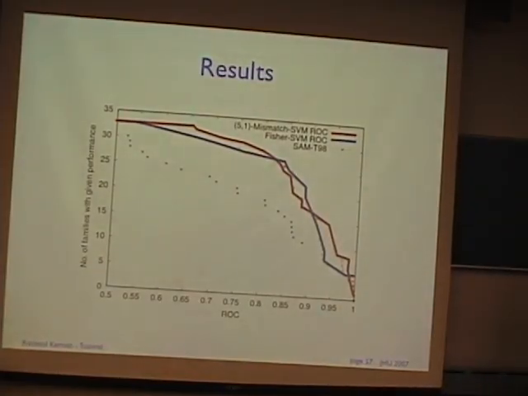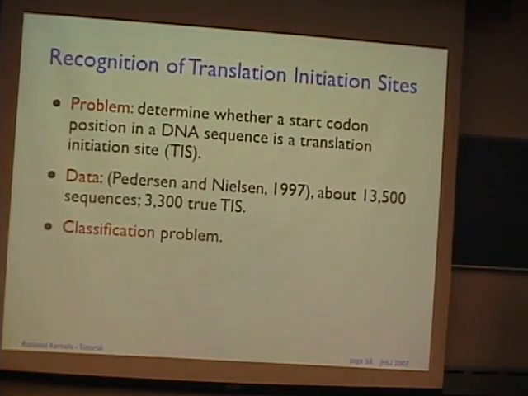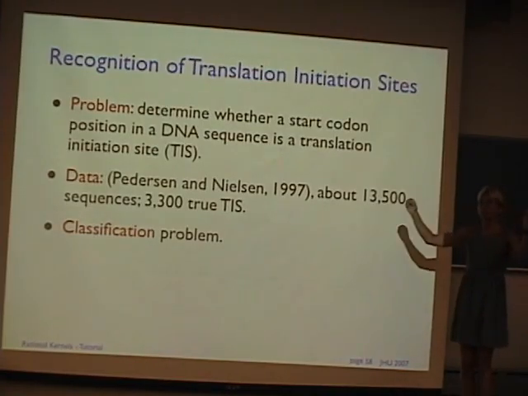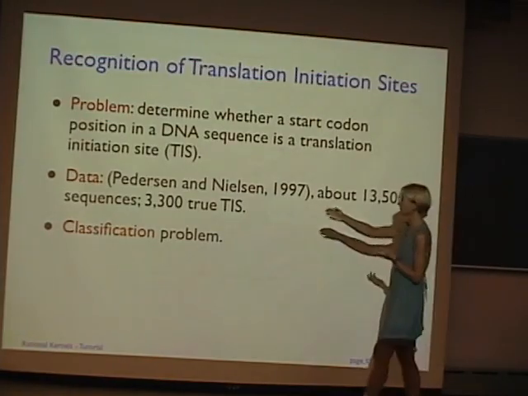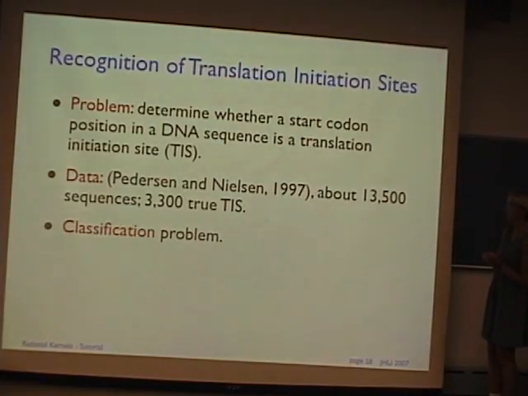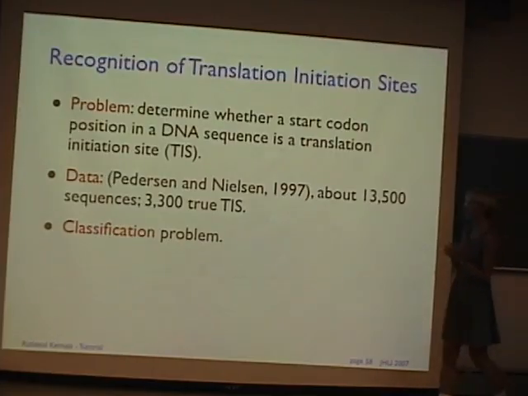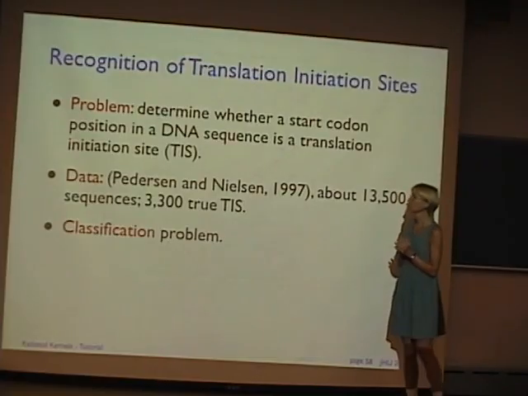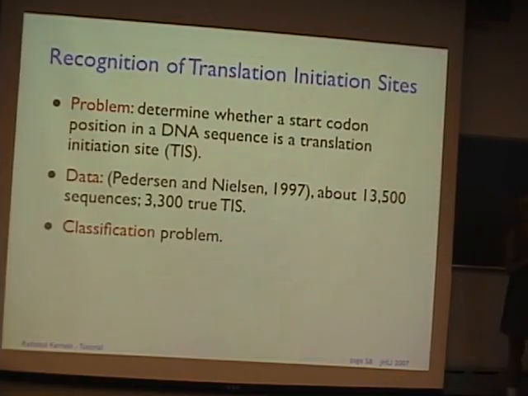There's another example here from computational biology: recognition of translation initiation sites. These are DNA sequences, and not all parts of DNA sequences have the same meaning. So here they're trying to locate where in a DNA sequence there could be a translation initiation site. This is work done by Pedersen and Nielsen. They have about 13,000 sequences and 3,300 true sites to classify as to whether this is a translation initiation site or not.